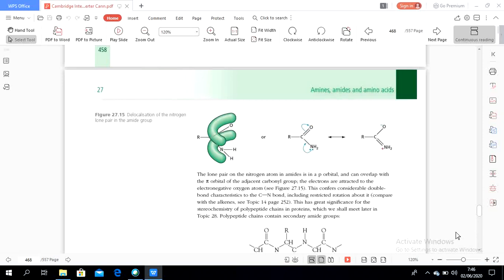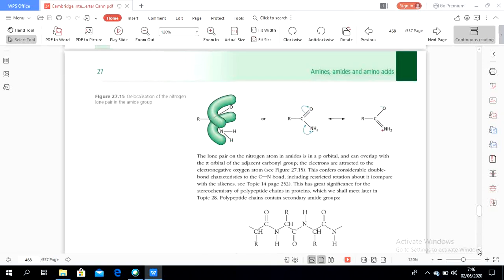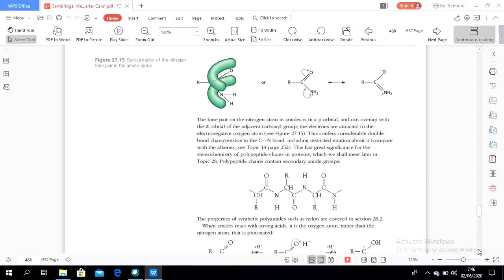A polypeptide contains secondary amide groups. Okay, let's see how it is a secondary amide group. Because here the nitrogen is bonded to carbon and carbon.